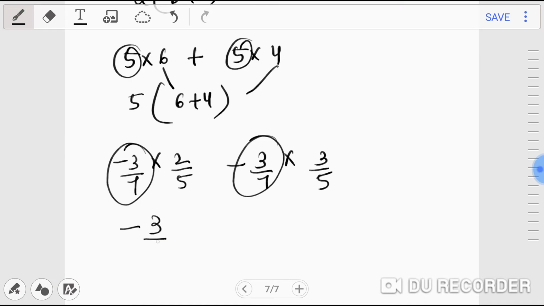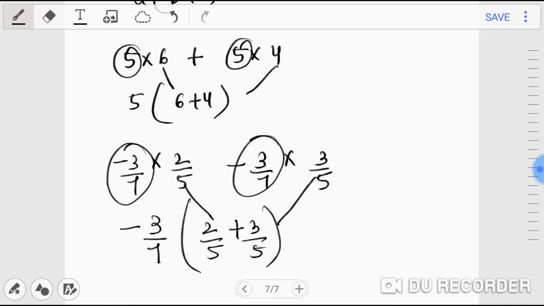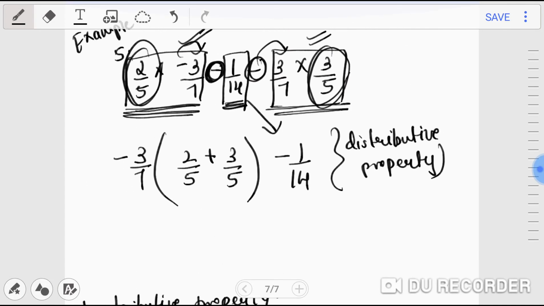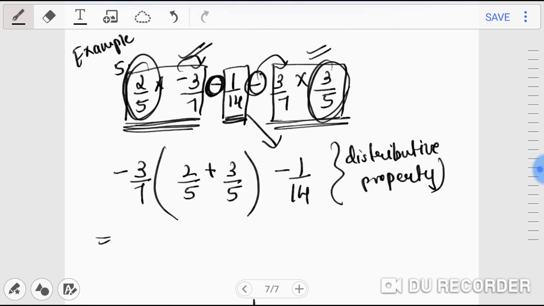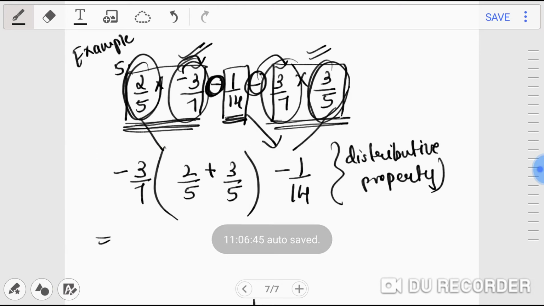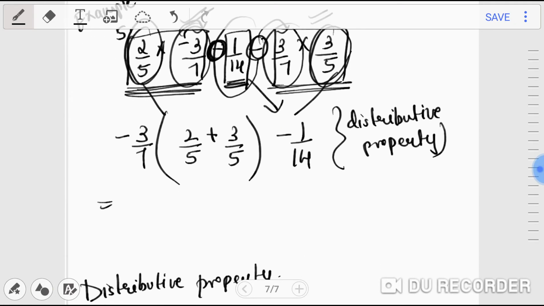So I'll take minus 3 upon 7 out, and here both 2 upon 5 plus 3 upon 5 inside. So that is what I have done in this problem. I have taken minus 3 upon 7 common in both terms, and I have taken the remaining 2 upon 5 and 3 upon 5 here. And the remaining third term minus 1 upon 14 on this side.